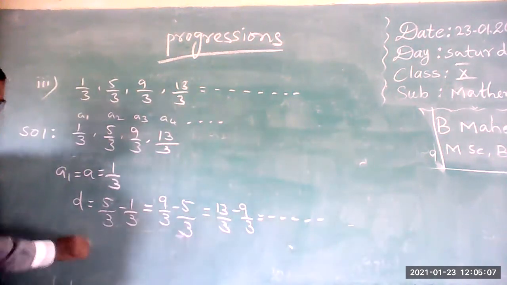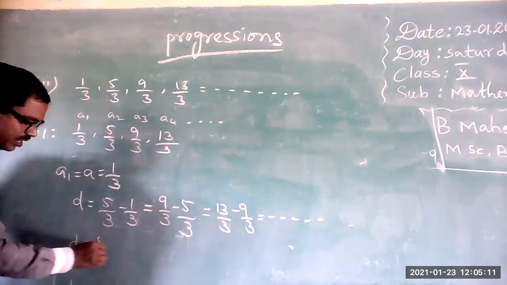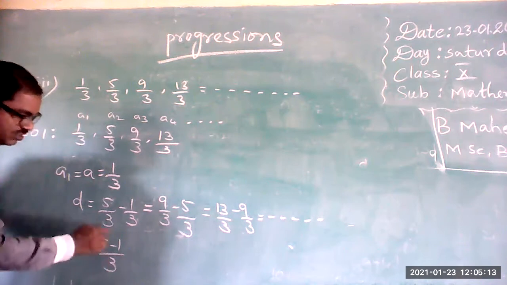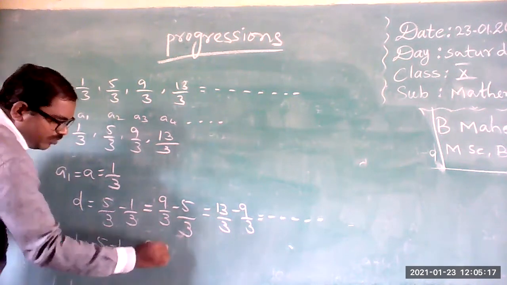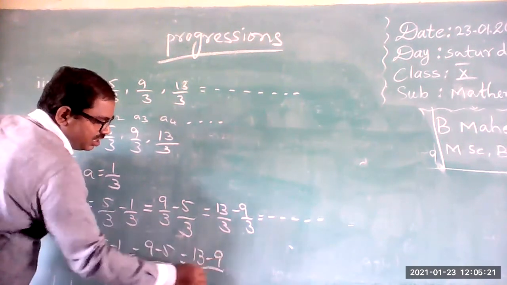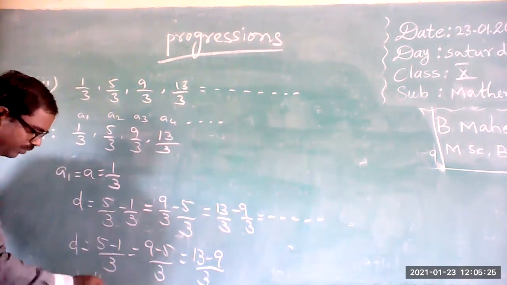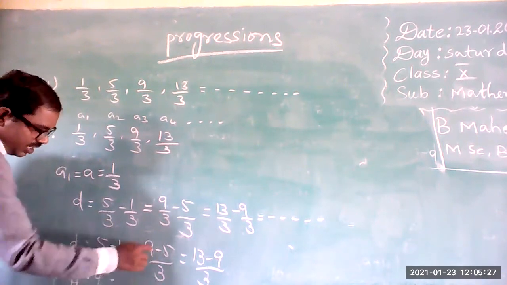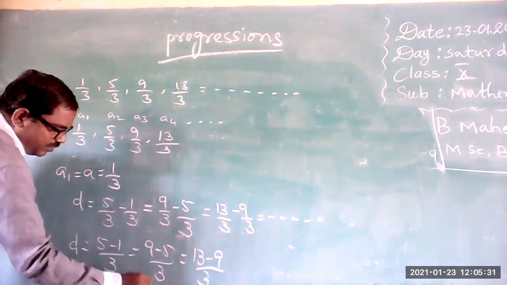So D is equal to, your denominators are the same, so 5 minus 1 by 3. So 3 and 3, LCM 3. So 5 minus 1, and 9 minus 5 by 3, and 13 minus 9 by 3. So D is equal to 5 minus 1, 4 by 3, 9 minus 5, 4 by 3, 13 minus 9, 4 by 3.